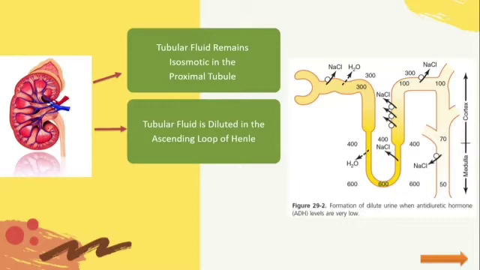Now remember that the fluid leaving the ascending loop of Henle and early distal tubule is always dilute, regardless of the level of ADH. In the absence of ADH, the urine is further diluted in the late distal tubule and collecting ducts. Thus, a large volume of dilute urine is excreted.